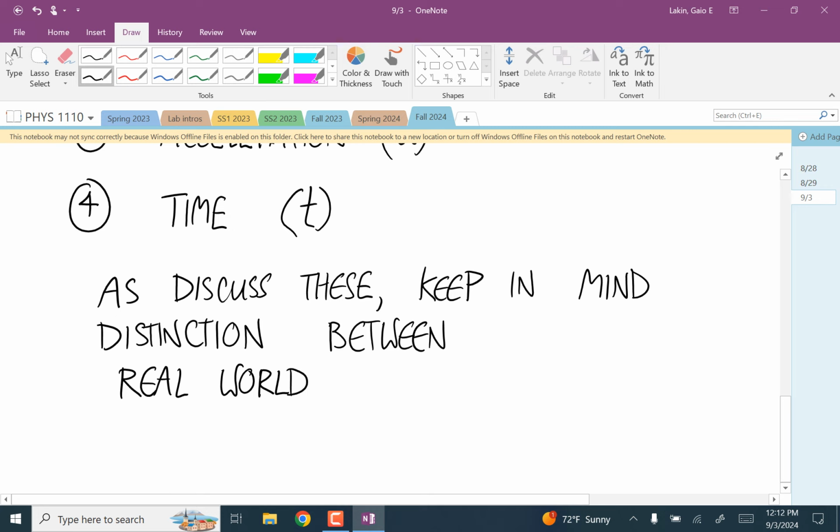So a lot of times I'm going to mention, we're going to imagine putting stickers or something on the path of the object. That's in the real world. Like you could actually physically imagine going over and putting a sticker on a table or a street or something, okay?